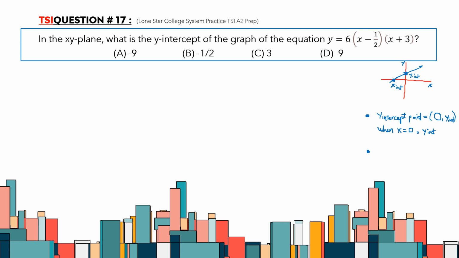Okay, so we can review the x-intercept as well. For the x-intercept point, we write down (x-intercept, 0). That means when y equals 0, you can find the x-intercept.